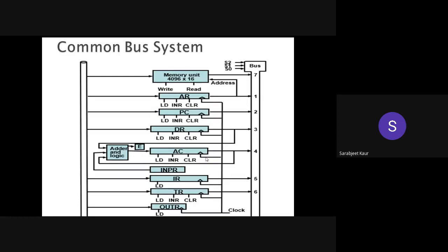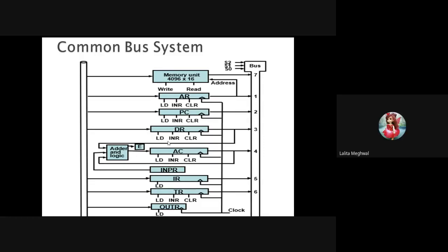We just said that the register to which we want to transfer the input, we enable its load input. So if I want to transfer some data into the data register, I will enable its load input.